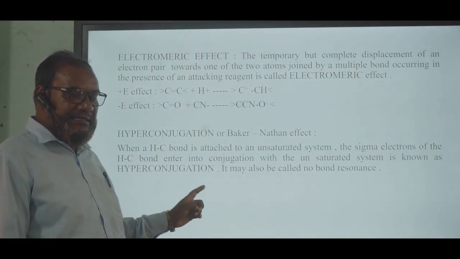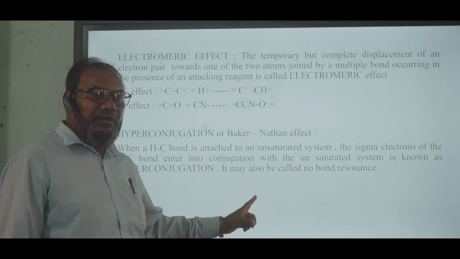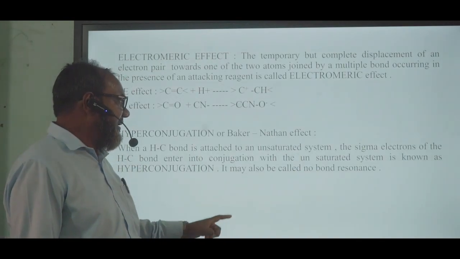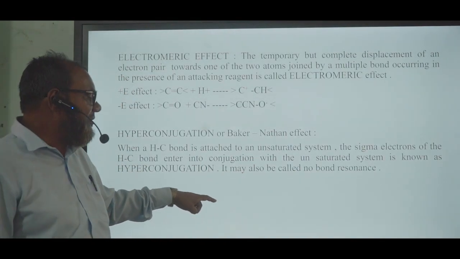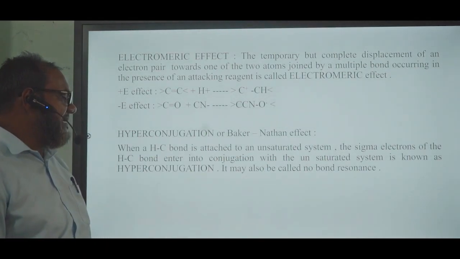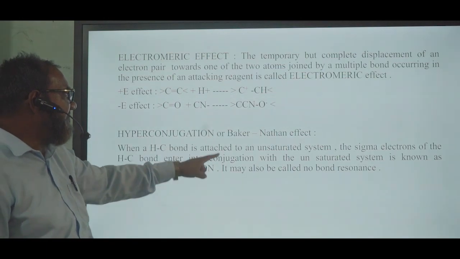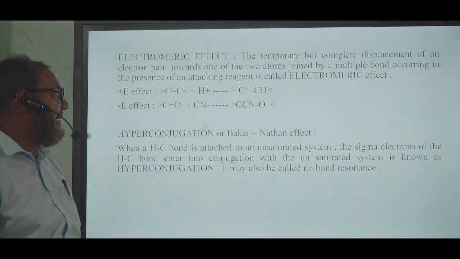In this case, this carbon-hydrogen bond is attached to the carbon-carbon double bond, so this carbon-hydrogen bond will have no bond, and so this is also called no bond resonance. This effect was first observed by Baker and Nathan, and so this effect is also called Baker-Nathan effect.